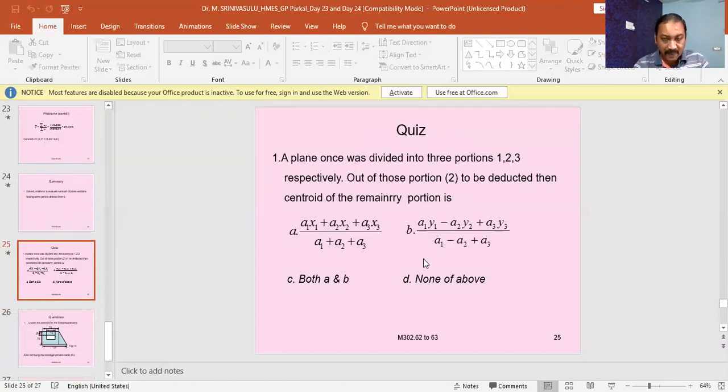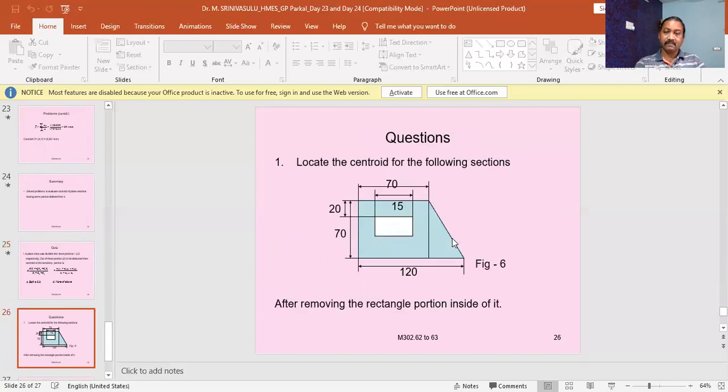Coming to the quiz point: a plane was divided into three portions, 1, 2, 3, and portion 2 is rejected. Then for the centroid of the remaining part, we have to subtract the second part, and the minus area is shown here. So answer B is the correct one.